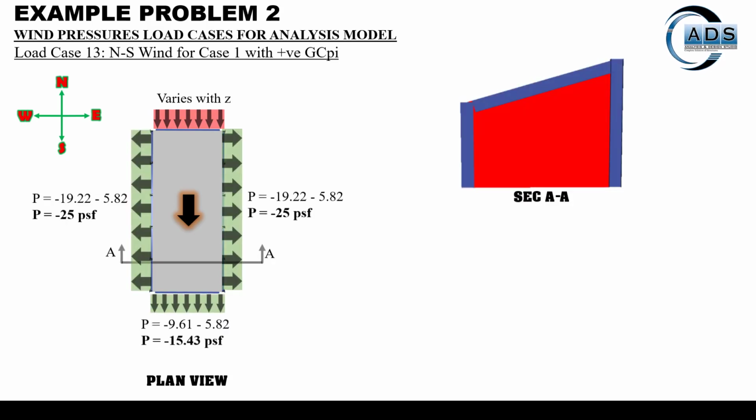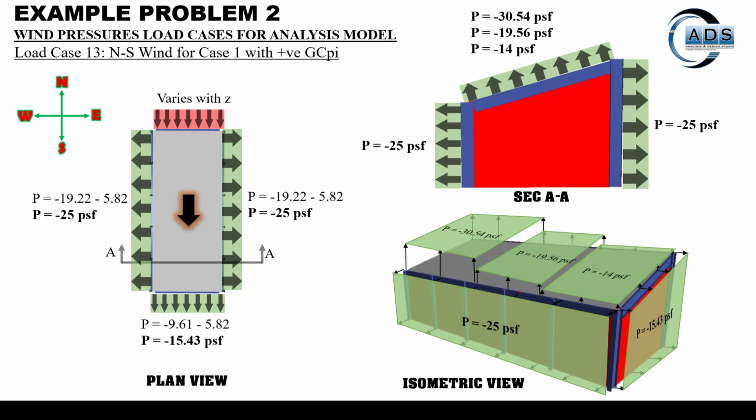and these are the side walls and these are the roof pressures. Now the windward wall is on the opposite side, so the greater pressure is from the opposite side and it's reducing linearly as shown.